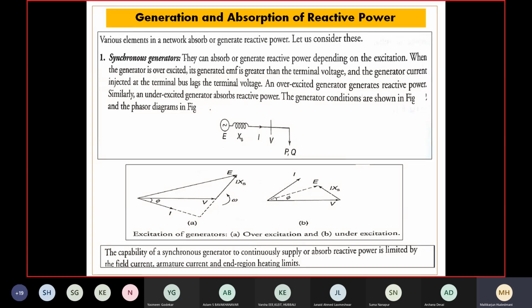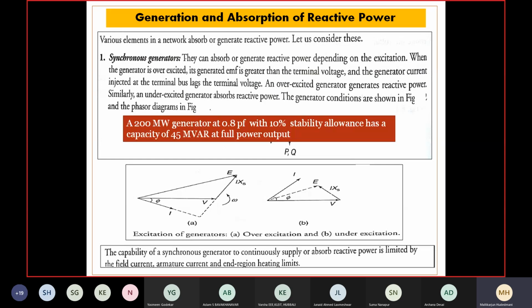So here is one example you can see: a 200 megawatt generator, suppose working at 0.8 power factor, having a 10% stability allowance. It is observed for the stability aspect within the 10% permissible range.